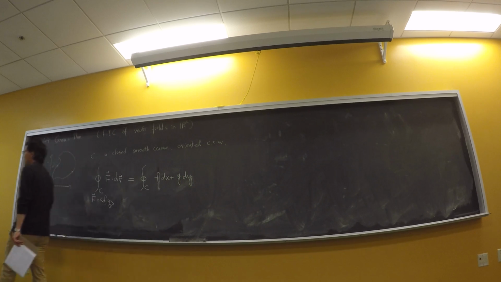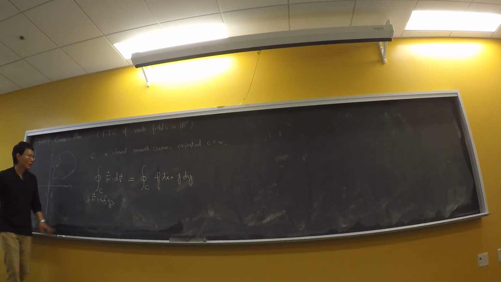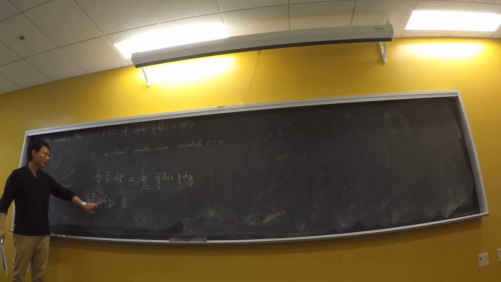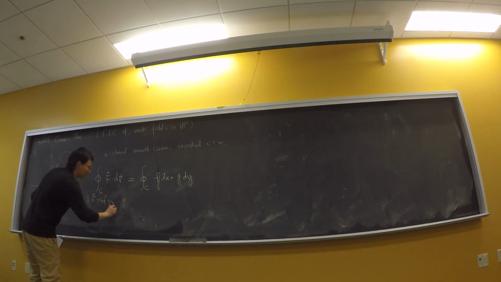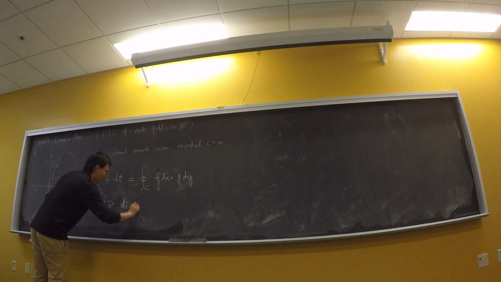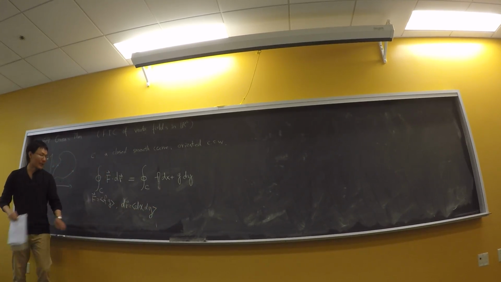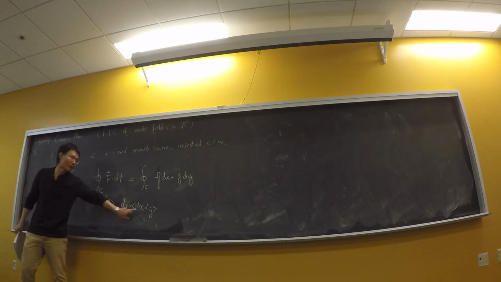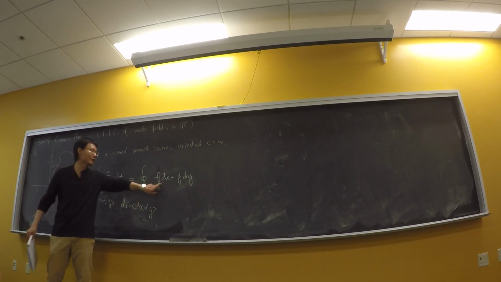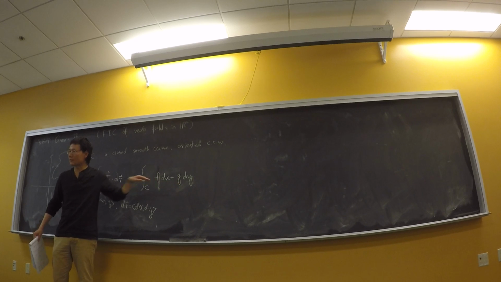This again is just a slightly different notation, by writing the vector field as small f, small g, and dr as dx, dy. So this essentially is just a slightly different notation by expanding (f, g) as a vector dot product with (dx, dy). And that's why I'm getting f dx plus g dy.